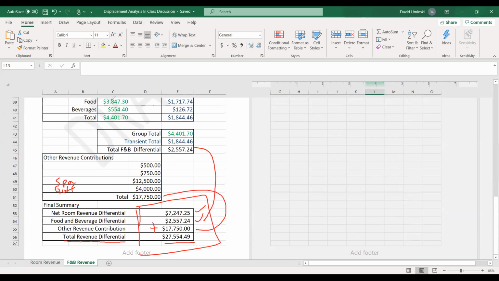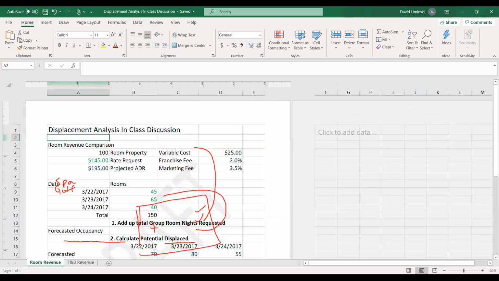We need to make sure that we spend a certain dollar amount in food and beverage, increase it, or yes, we'll take this group, but instead of a 145 rate, let's offer them a 175 rate, knock $20 off instead of $50 off of our rate, and so this is where that negotiation time comes into play.